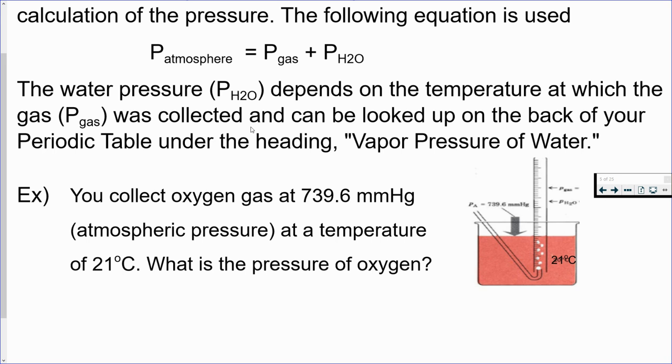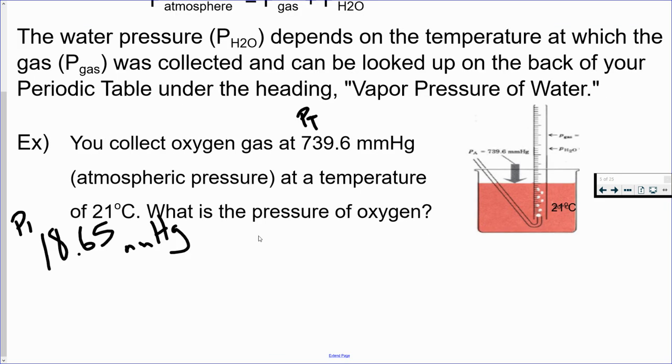So if you look at 21, you'll find that the vapor pressure of water is 18.65 millimeters of mercury. So this is the P total. This is P1, and we're trying to find P2.